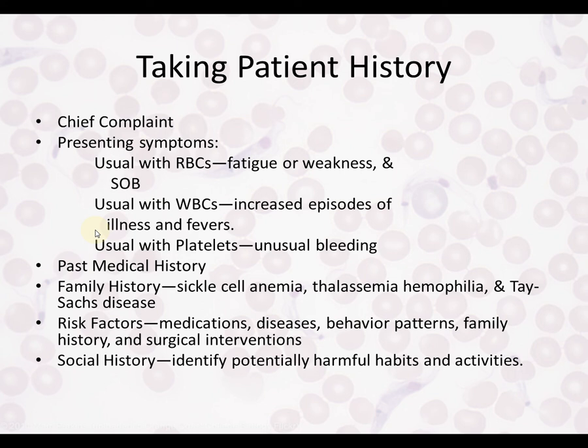Family history. Disorders that have familial patterns to them, like genetic information, offer clues to possible hematologic problems like your sickle cell anemias, which can be found mostly in African American backgrounds. There's also thalassemia, which is often seen in Mediterranean backgrounds.